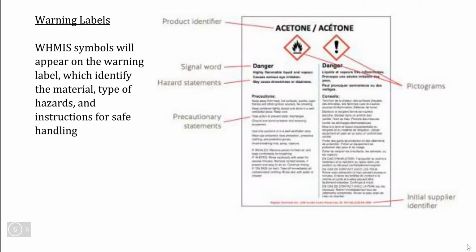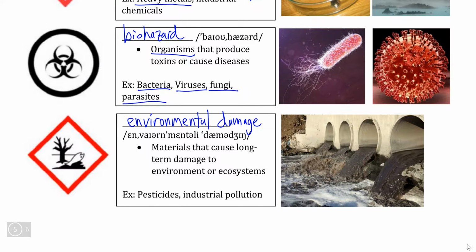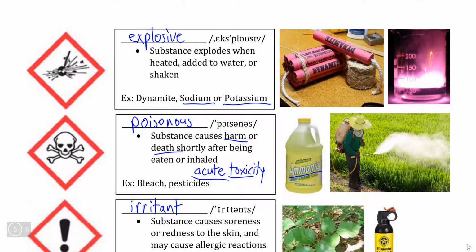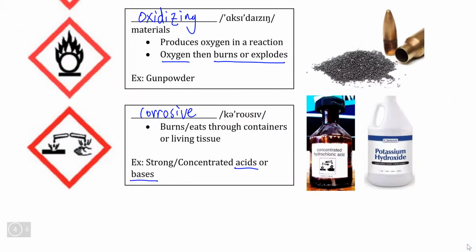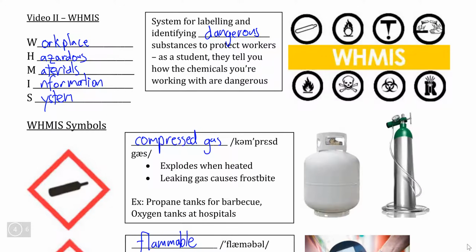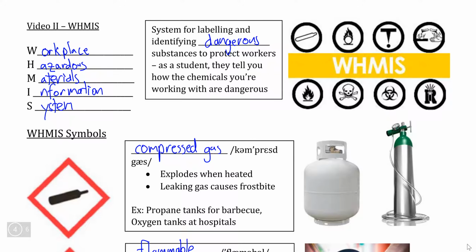So before working with a potentially harmful compound, it's important that not only do you recognize what the danger is, but most compounds with a WHMIS symbol will also come with a warning label which covers how to safely handle and how to safely use any of the compounds that you come in contact with. So the sooner that we as science students and potential scientists become familiar with each of the symbols, the more safe we will be when we actually get to experimenting.